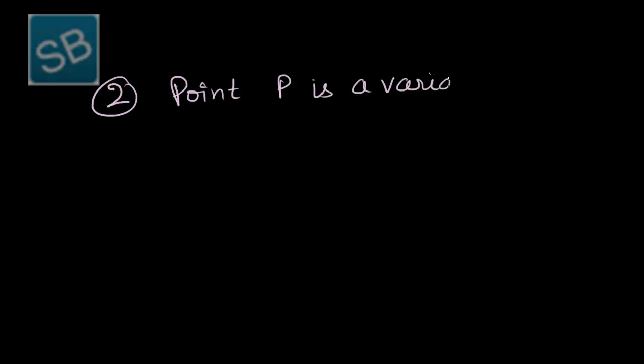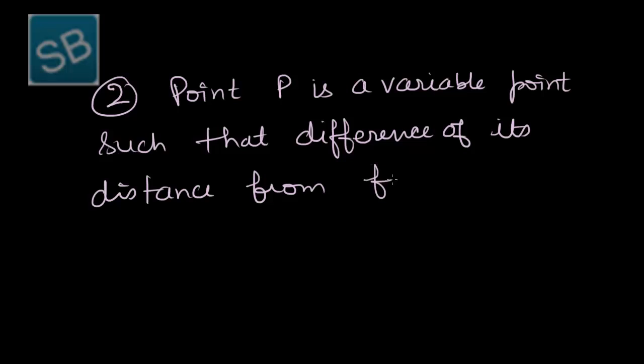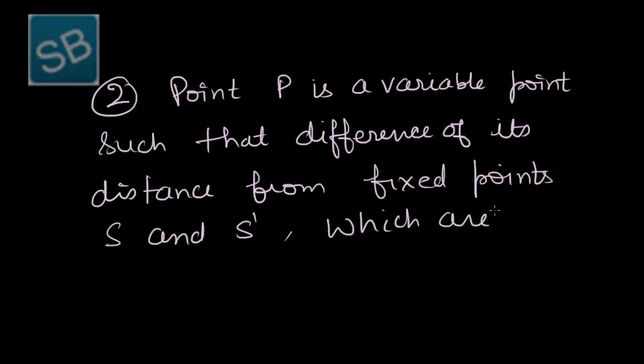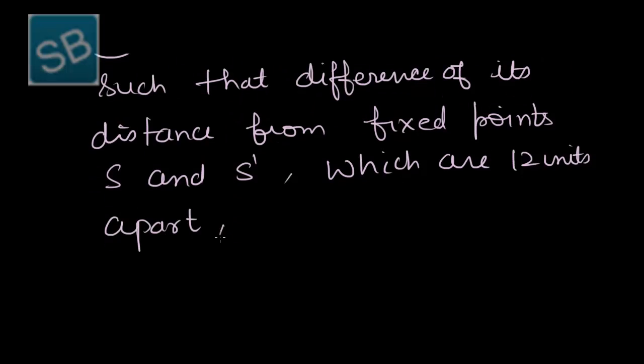Now the next problem is: point P is a variable point such that the difference of its distances from fixed points S and S dash, which are 12 units apart, is constant, 8.